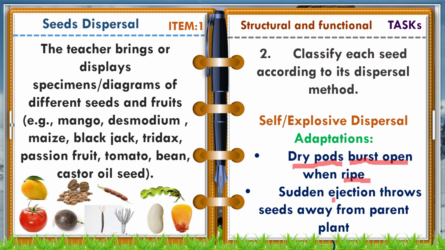Then sudden ejection throws the seeds away from the parent plants. So the seeds are going to be thrown away from the parent plant because of ejection when the dry pod opens. And that's what we are calling the legumes and also the castor oil fruit.